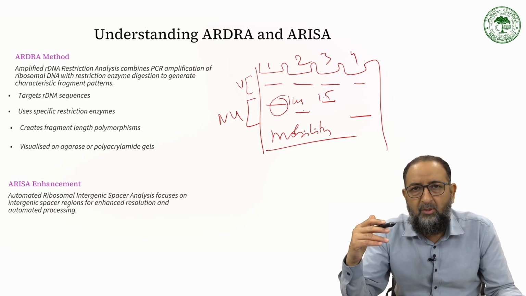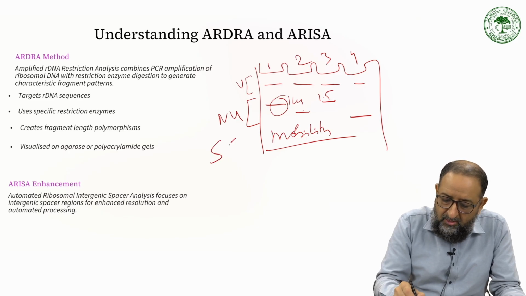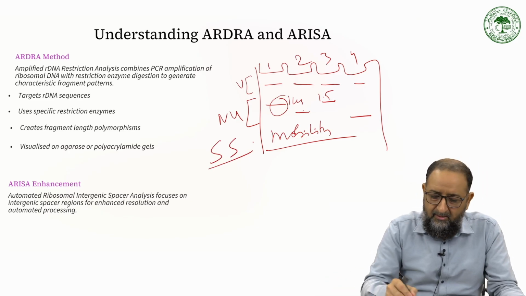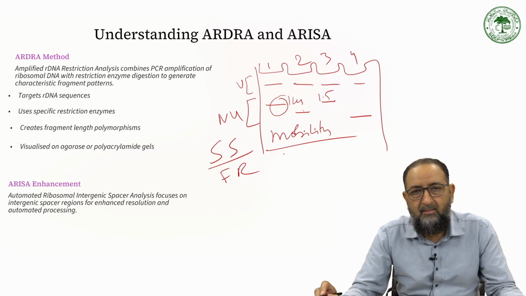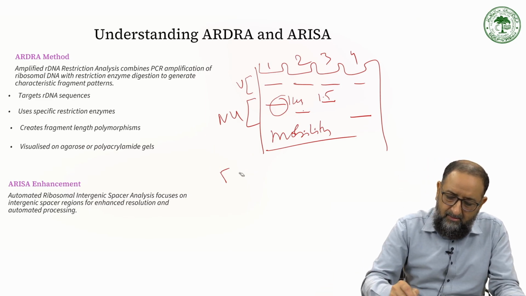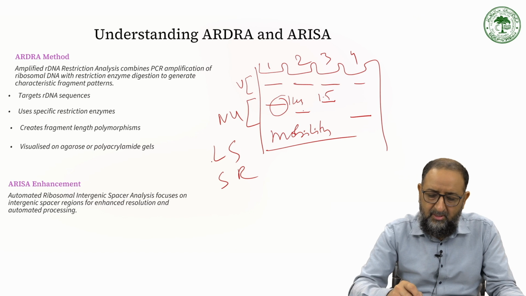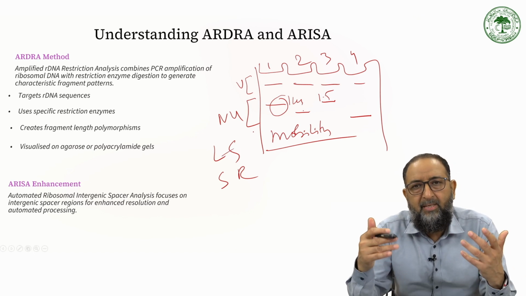So depending upon the size: smaller is the size, faster is the run; larger is the size, slower is the run. So this is basically the basic principle behind this technique.